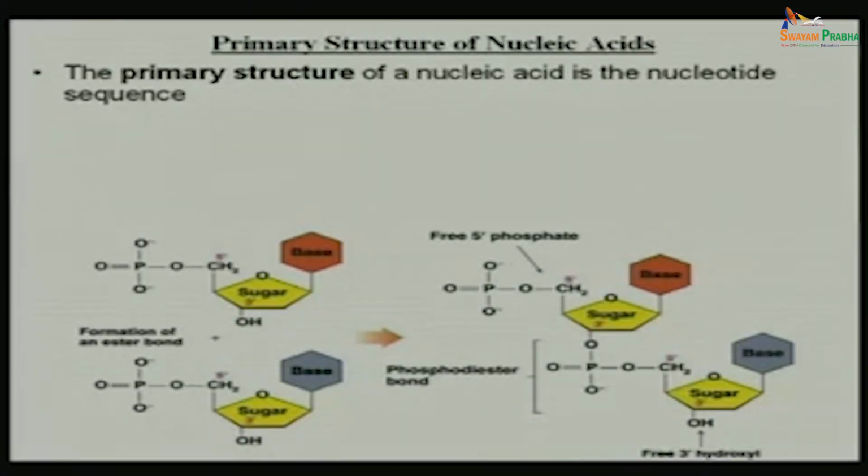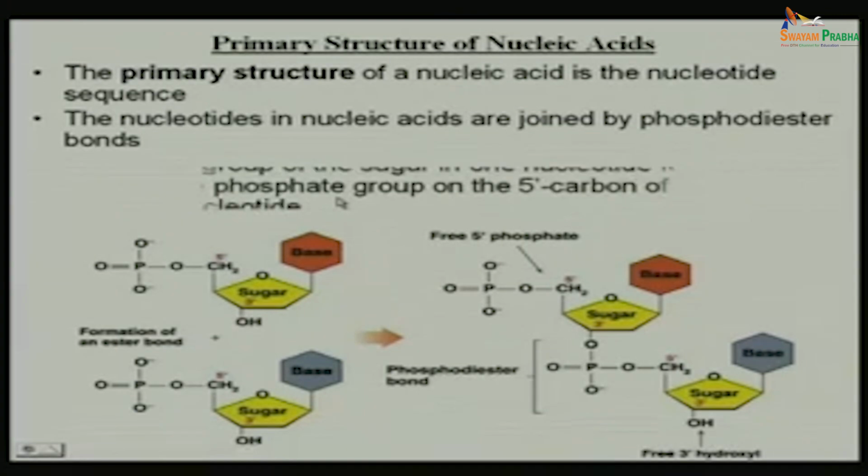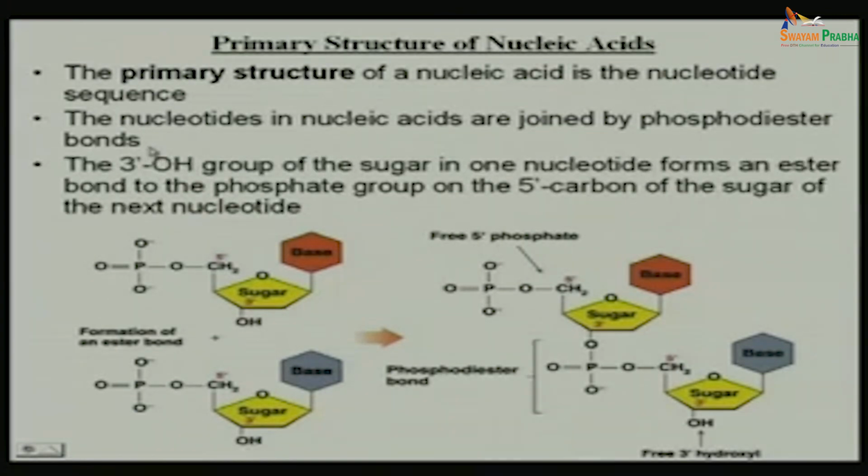Now, coming to the primary structure of the nucleic acid. The primary structure of the nucleic acid is the nucleotide sequence. The nucleotides in nucleic acids are joined by phosphodiester bonds.